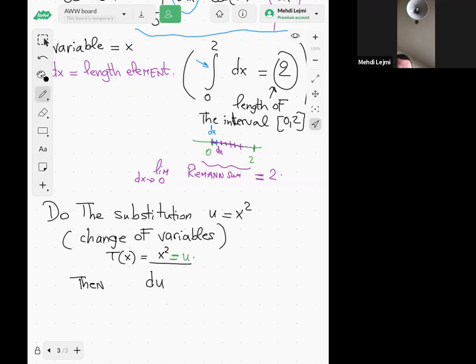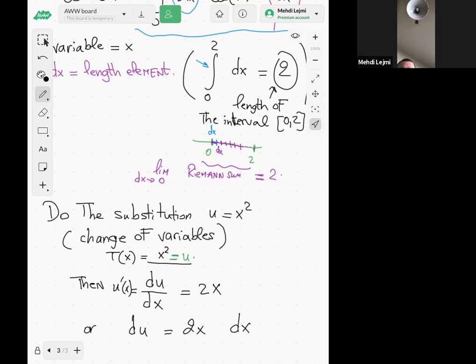So du/dx, this is u prime of x, the derivative of u with respect to x. du over dx is equal to 2x, okay? Or if you prefer, du is equal to 2x dx.